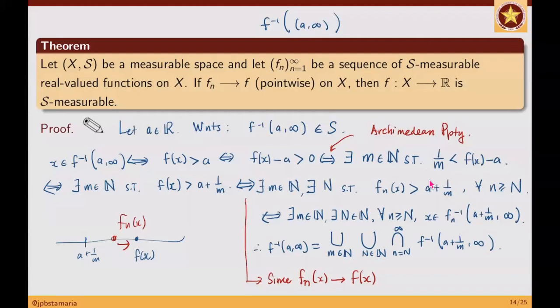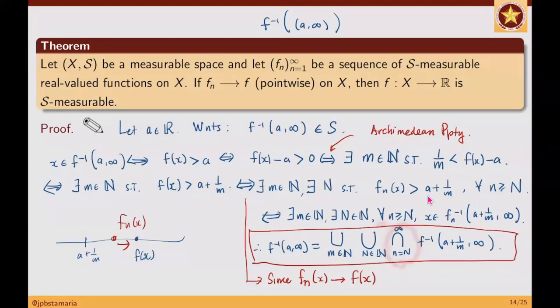So this is what we have obtained. And why is this nice? The reason, ulit ha, itong for all na-convert sa intersection. Itong there exists na-convert sa union. So that's how it works.